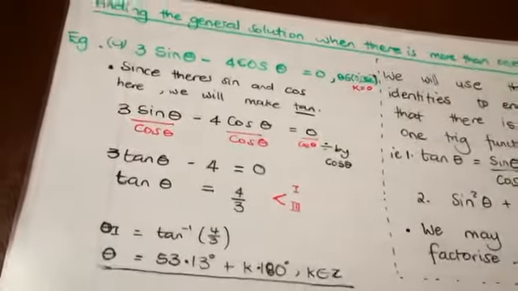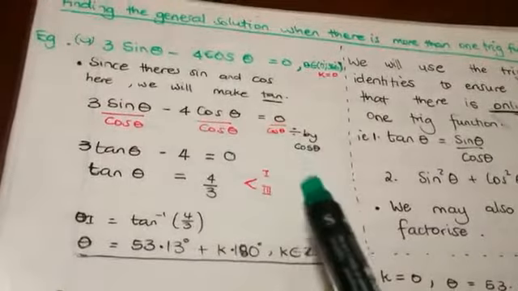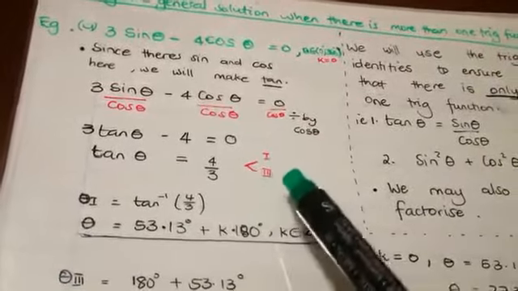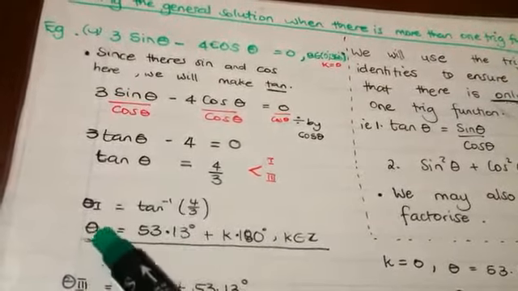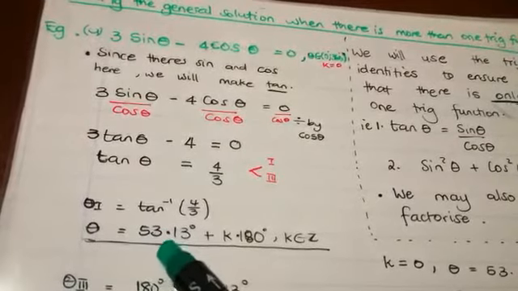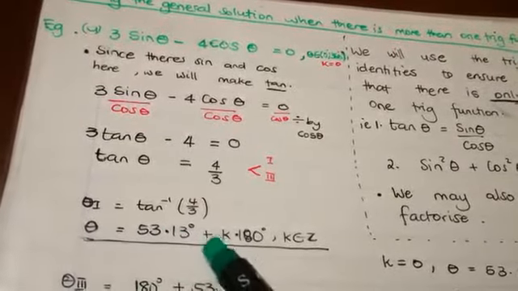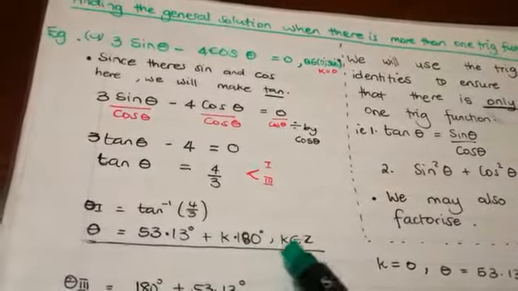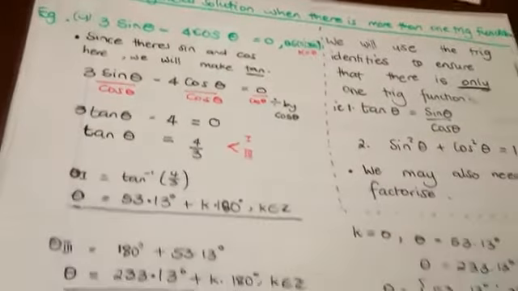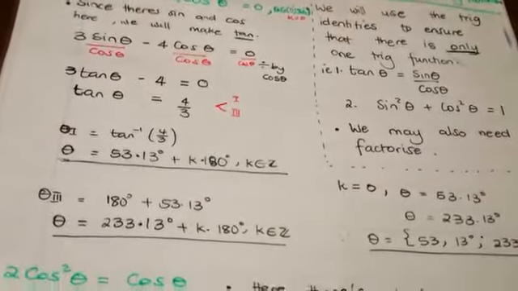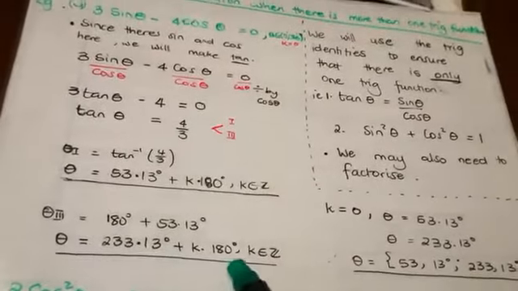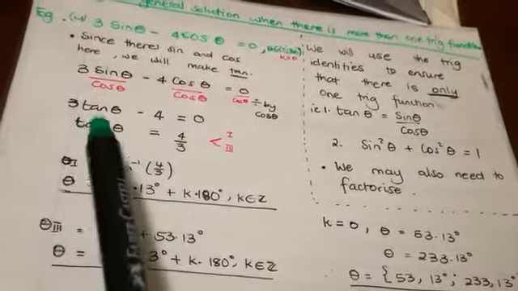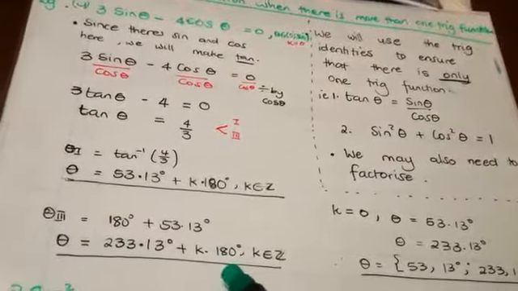Okay, so that's what I have done here. And then you do your analysis. This I'm not going to do anymore because you are familiar with it. We find theta is 53.13 plus k times 180, where k is an integer. And then theta 3 will be 233.13 plus k times 180. Remember, because this is tan, that is why it is 180 here.